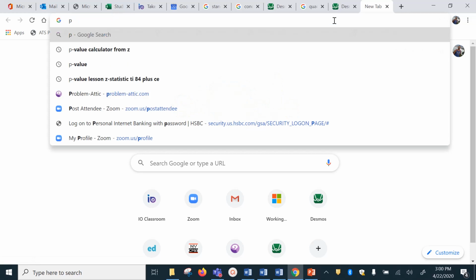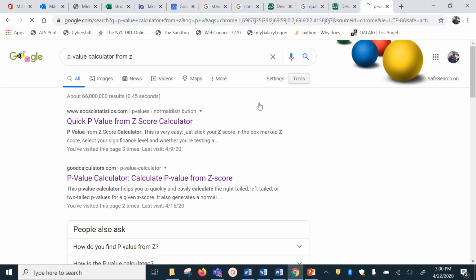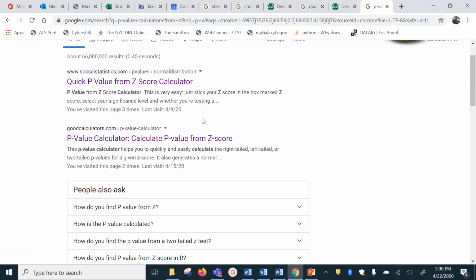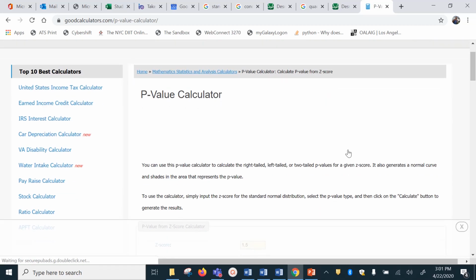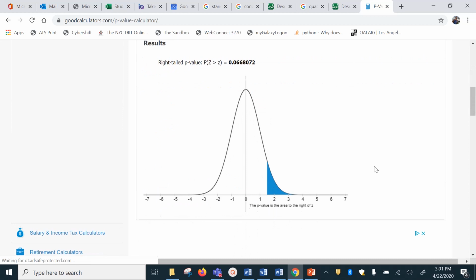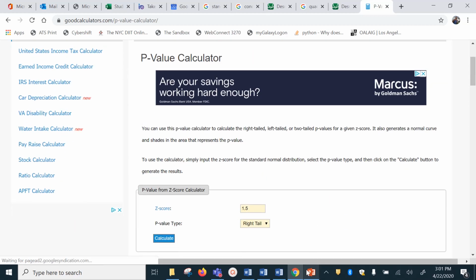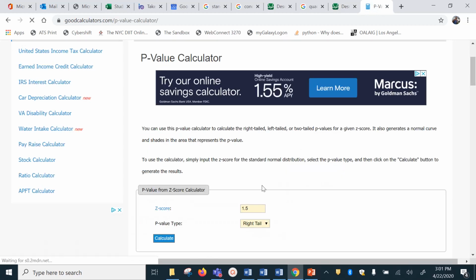So, p-value calculator from Z. So if I go into my calculator, it was 2.35.